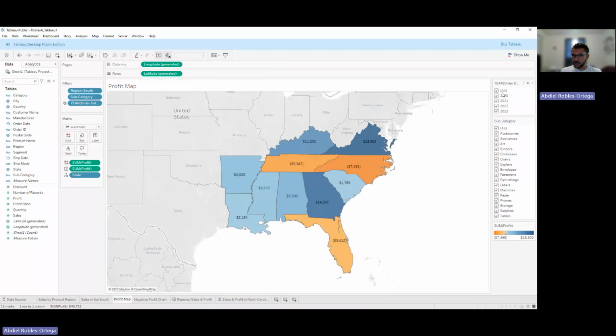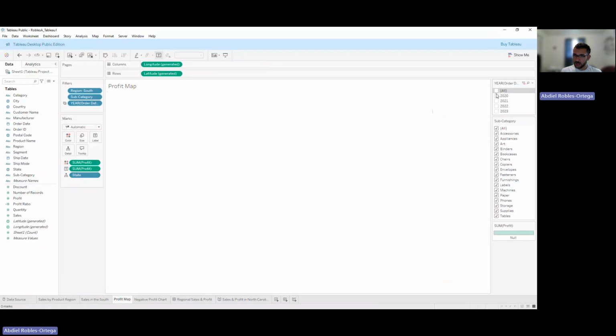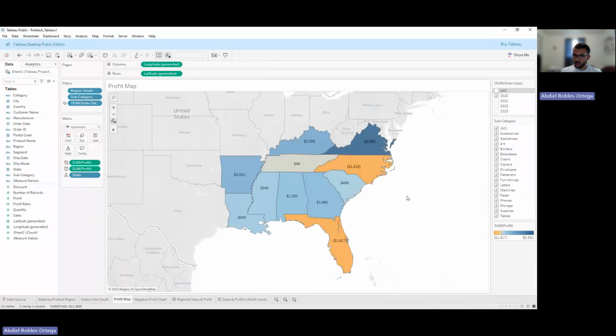If we look at this year area right here, we can manipulate which years we would want to look at. So if we click all and then start clicking each year, we can see which states have seen the highest amount of profits and which have seen negative profits. In 2020, we can see that Florida and North Carolina have seen negative profits, while states like Virginia and Kentucky have seen the highest amount of profits.